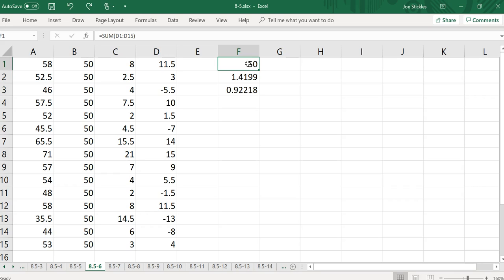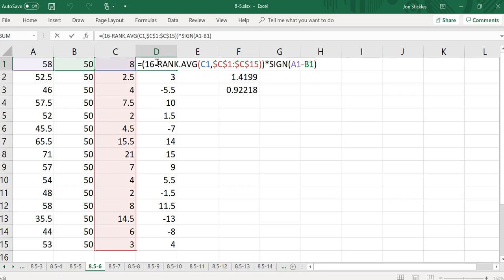Again, not bad, especially once you have that little formula set up, right? So again, just to emphasize what we did for this formula, the rank average ranks from highest to lowest. We want to rank from lowest to highest: low numbers associated with low values, high numbers associated with high values.